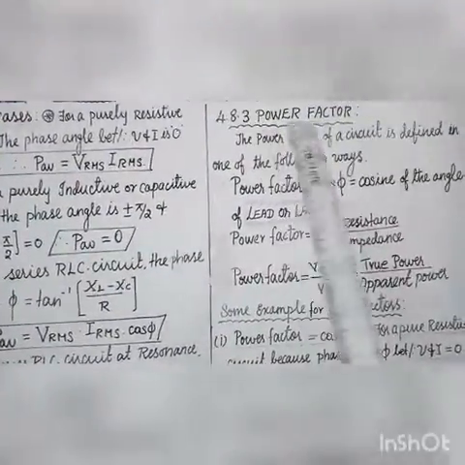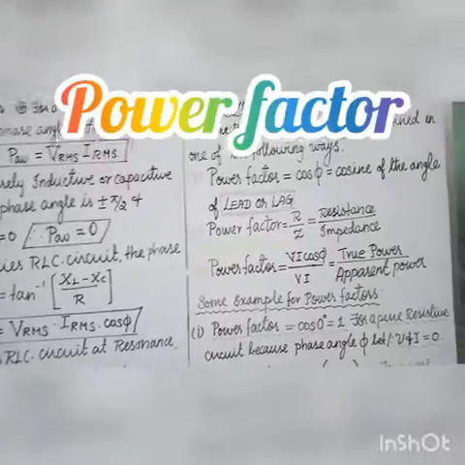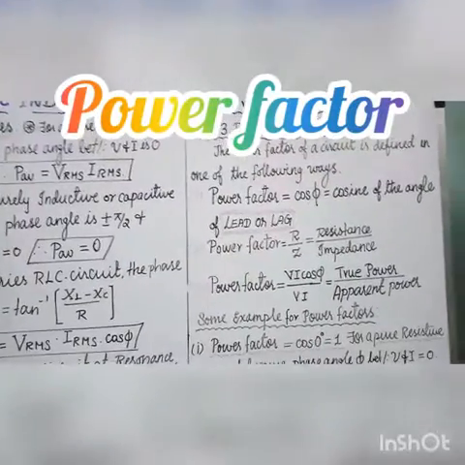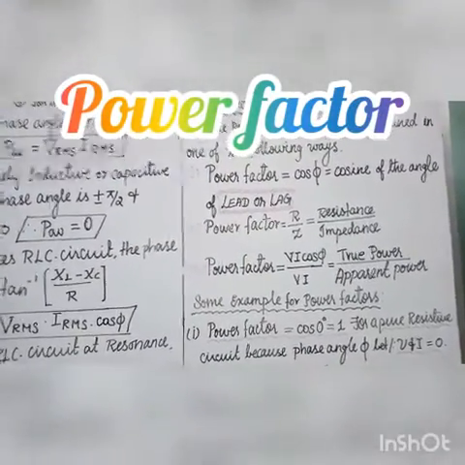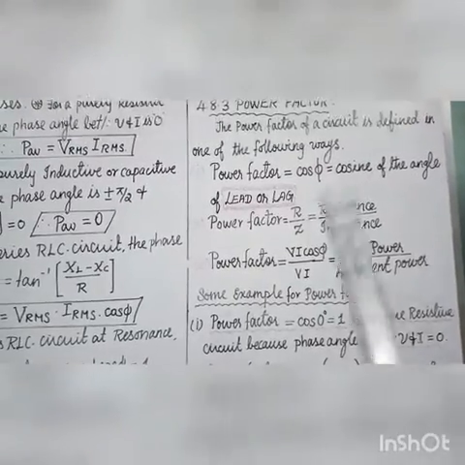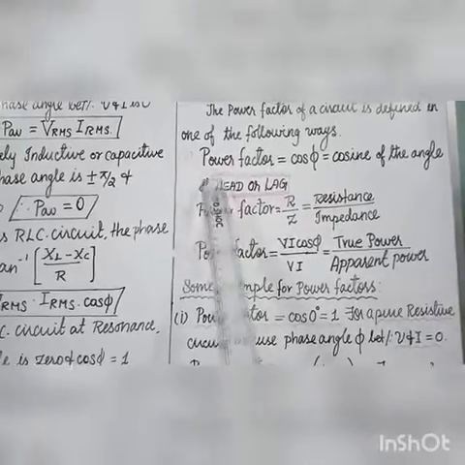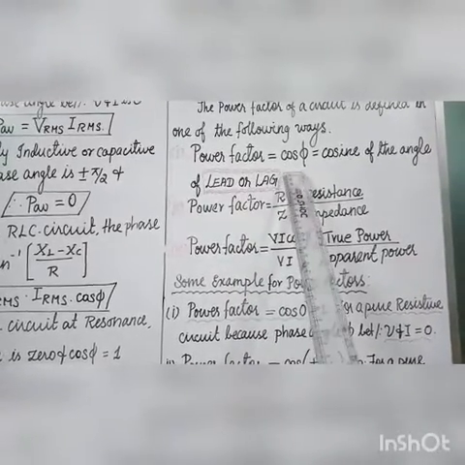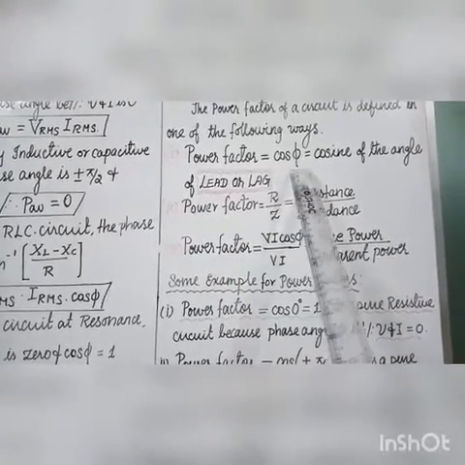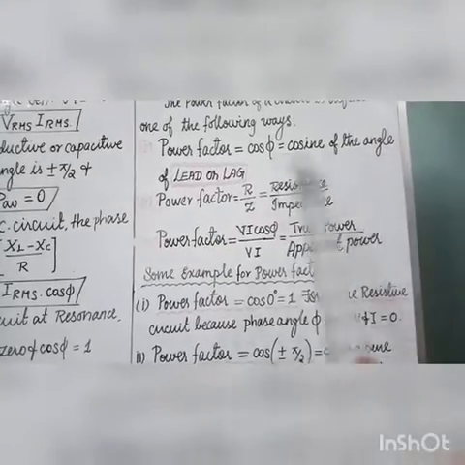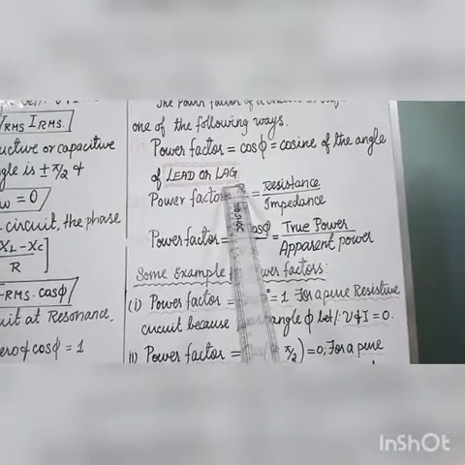Next, power factor. What is the power factor? The power factor of a circuit is defined in one of the following ways. The first way: power factor is equal to cos phi, the cosine of the angle of lead or lag.